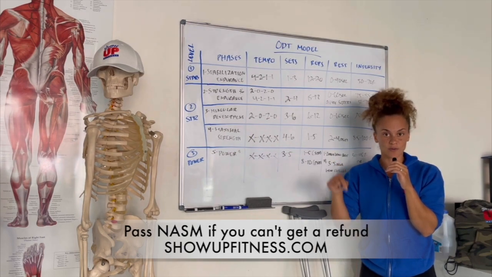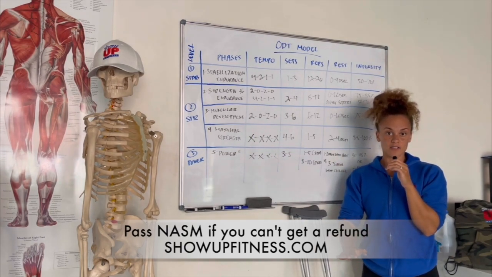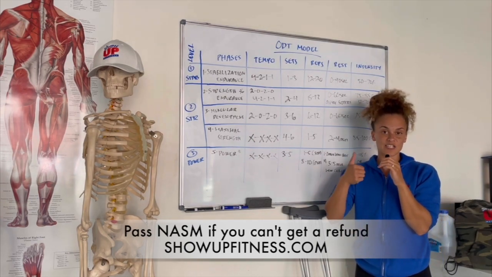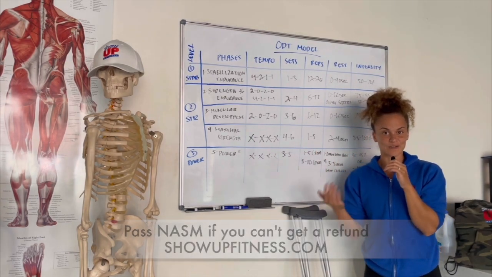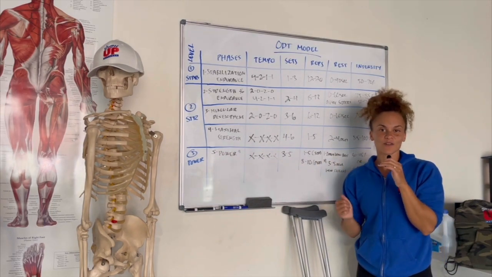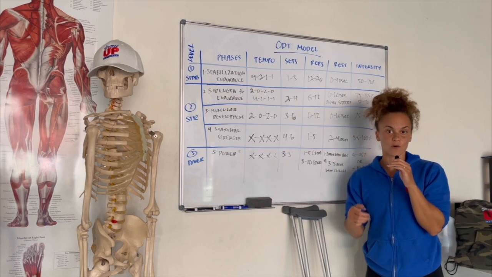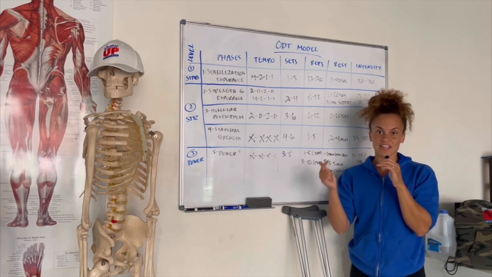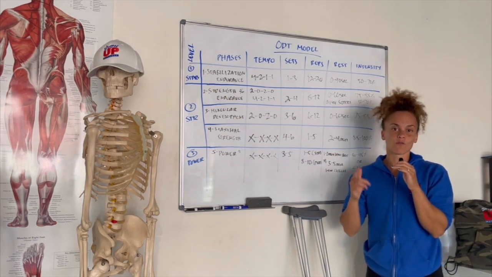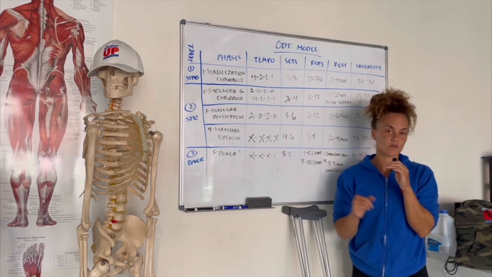If I'm doing a squat, going down, 2-second pause, isometric at the bottom. When I come up, that's 1 second concentric, and then another 1 second, they just wanted to add another isometric pause before you go down again. So regardless of what tempo you see, it's always going to be in that order: eccentric, isometric, concentric, isometric. So once again, phase 1 stabilization is going to be a 4-2-1-1 tempo, which is a slow tempo.